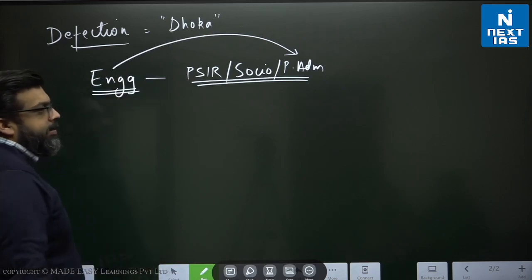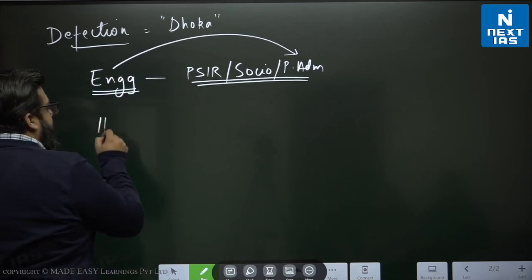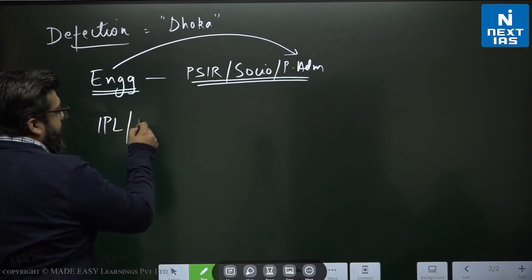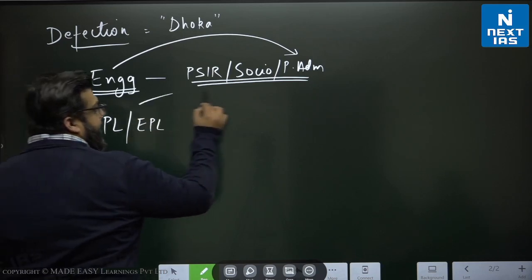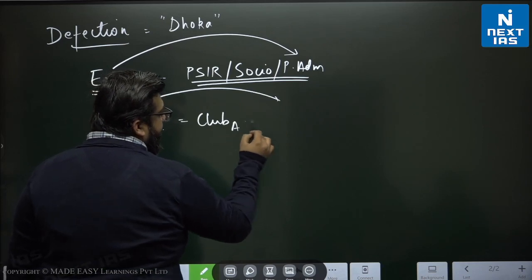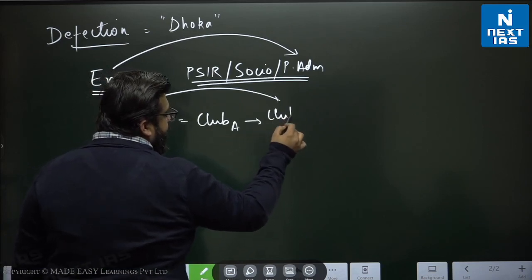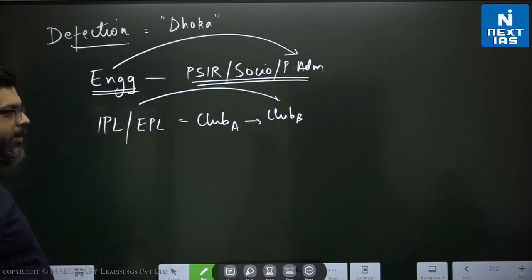You would have seen this in many ways in sports. Indian Premier League, in a lot of footballing leagues, English Premier League, etc. You will see players which move from club A to club B. वो मैनचेस्टर यूनाइटेड में थे, अब चेल्सी में आ गए हैं, वैसे वैसे.